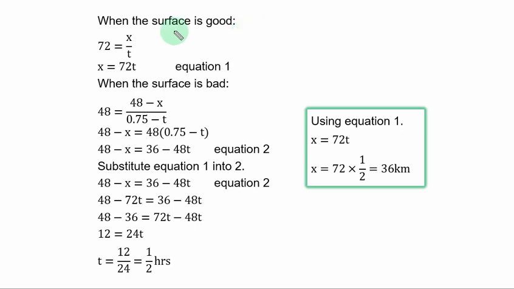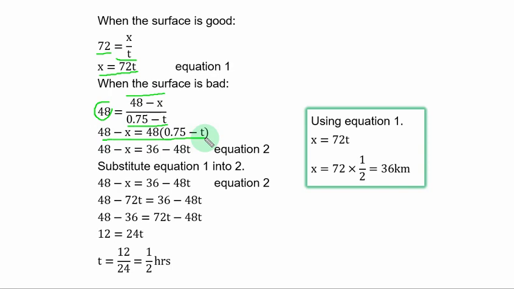When the surface is good, speed is 72, distance is S, and the time is T. If you clear fraction, you have S equal to 72T. You call that equation 1. When the surface is bad, the speed is 48, distance 48 minus S, time 0.75 minus T. If you clear the fraction, you have this result.